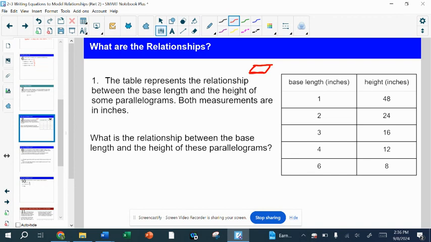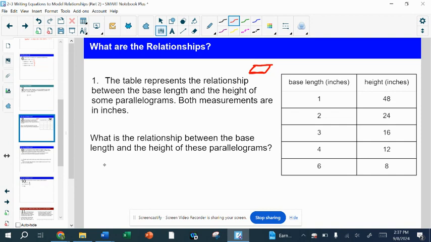If I multiply the base times the height, 1 times 48, well, that's 48. 2 times 24, well, it's 48. 3 times 16 is 48. 4 times 12, 6 times 8. All of these different numbers give me the same area. So that's the relationship between the base length and the height.